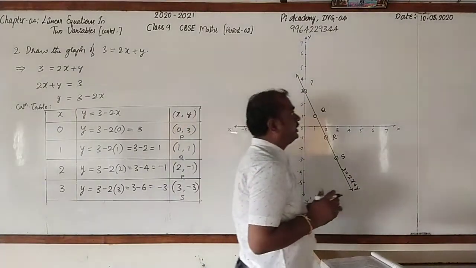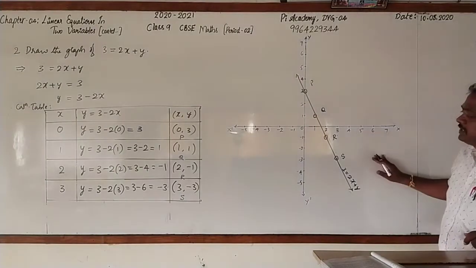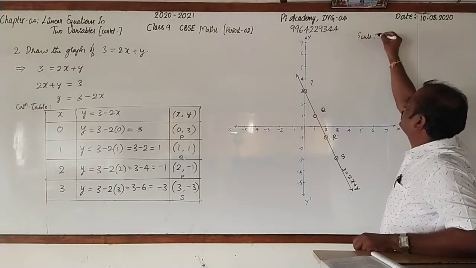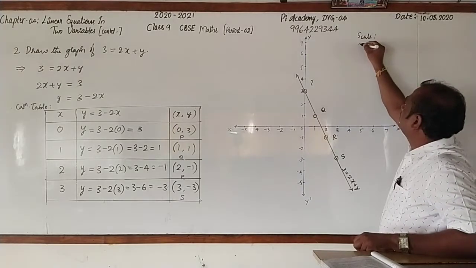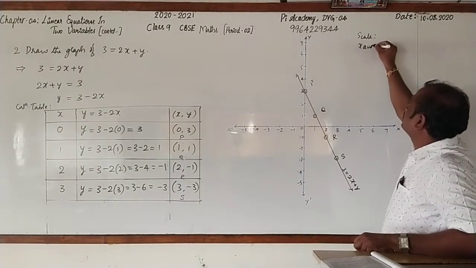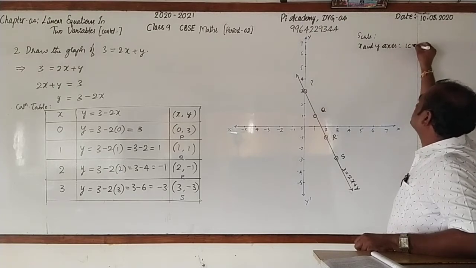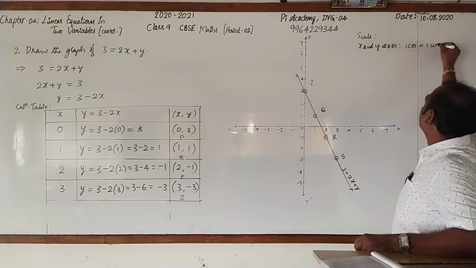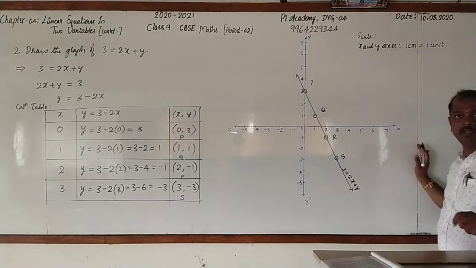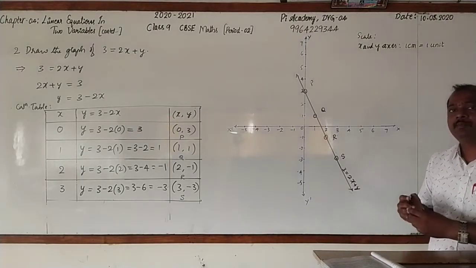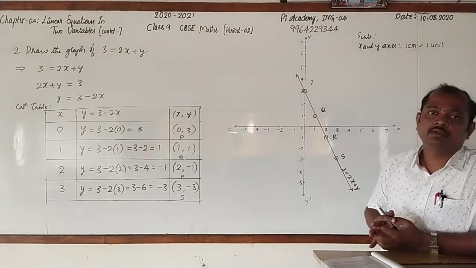Over. Next, you should write the scale. Right here. Scale on the top right corner. In x and y axis, 1 centimeter is equal to 1. Clear? Next, is there any other possibility of asking a question?